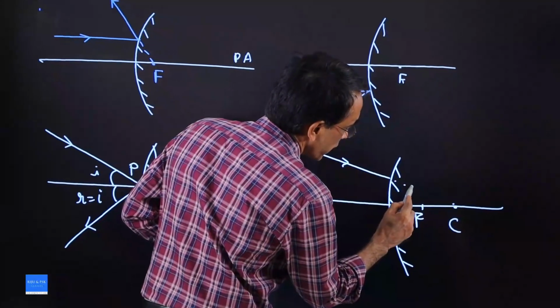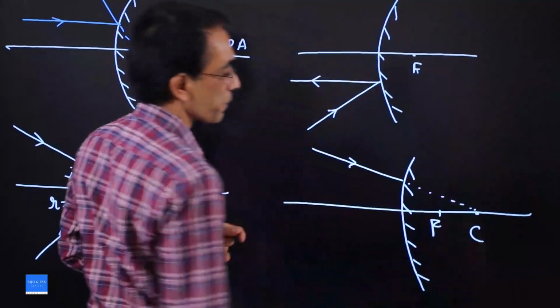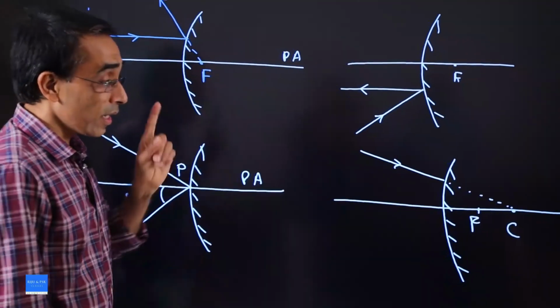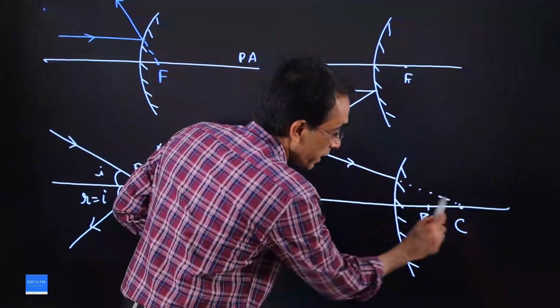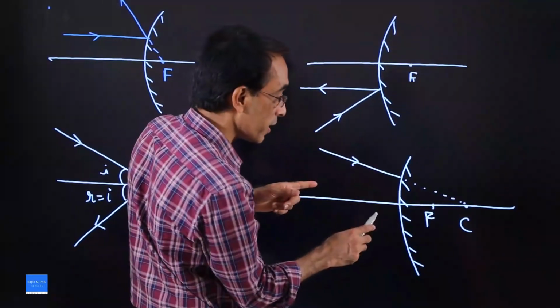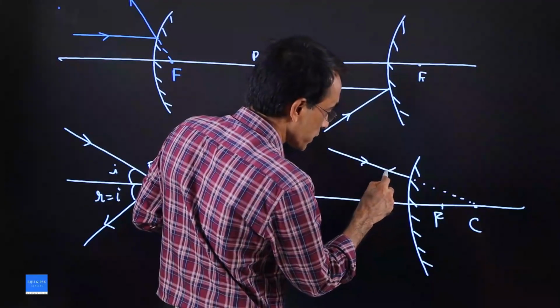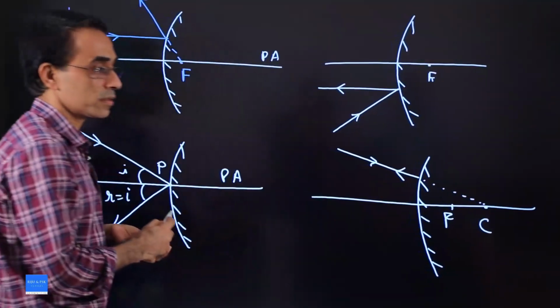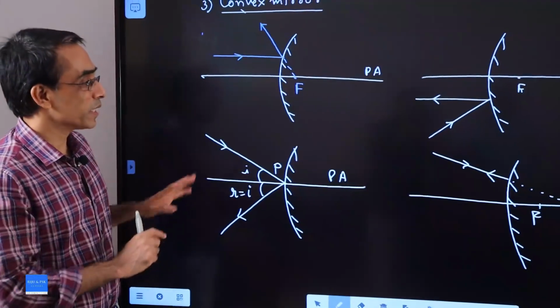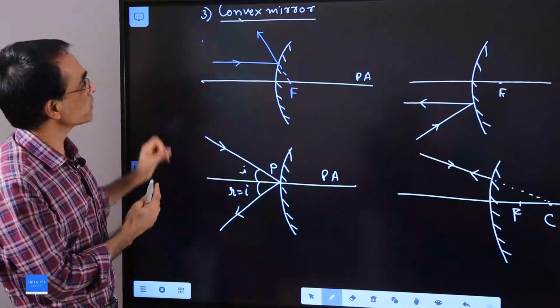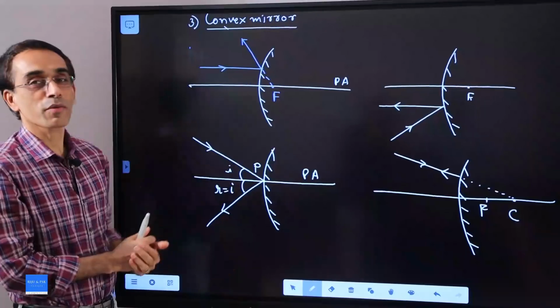If I extend, it would go to center of curvature. What will happen to this light ray? Again I tell you, this line is actually radius. Radius is normal, so this is normal incidence, so the light ray will simply bounce backward. So these are the 4 basic diagrams for image formation in a convex mirror.